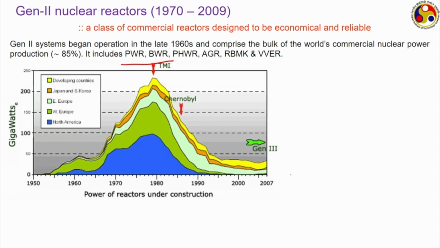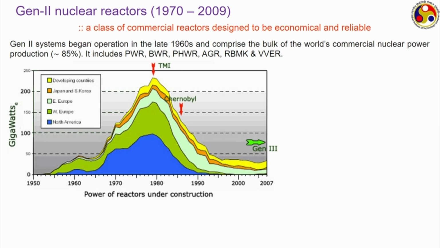This is a time wise growth chart of the power that we are able to get from the nuclear plants falling under generation 2 category. I should not say generation 2 category, it is a general timeline, but actually the contribution that is coming to this power production is virtually all from the generation 2 category only.